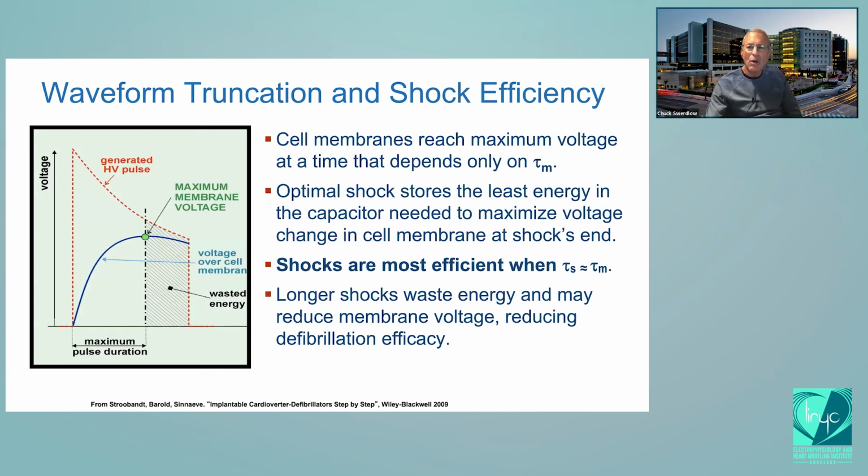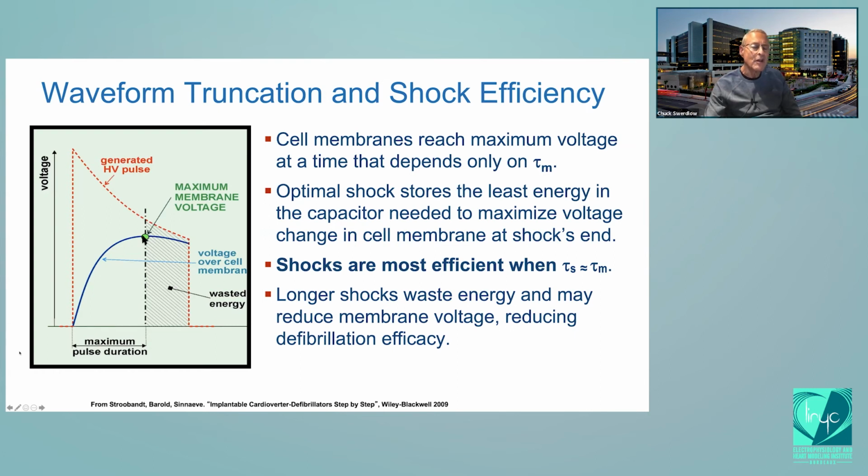And the goal of optimizing a defibrillation waveform is to approximately limit the time of your defibrillation pulse for the first phase of defibrillation to the amount of time it takes for the cell membrane to get to whatever its maximum value is.